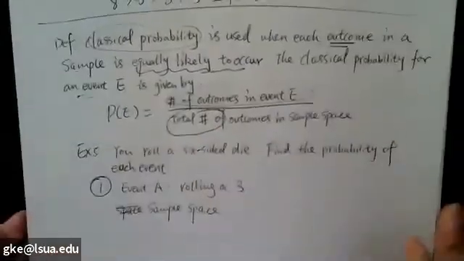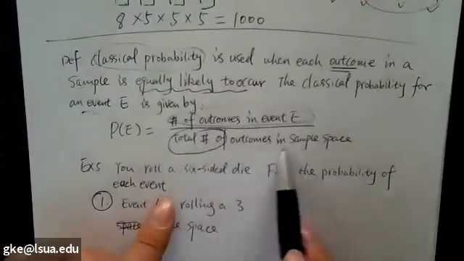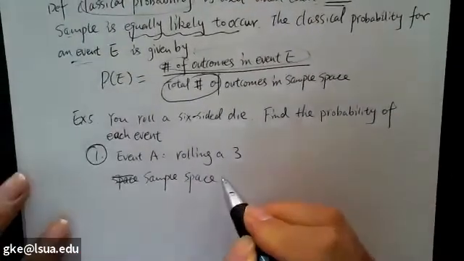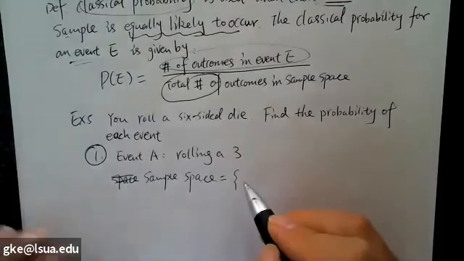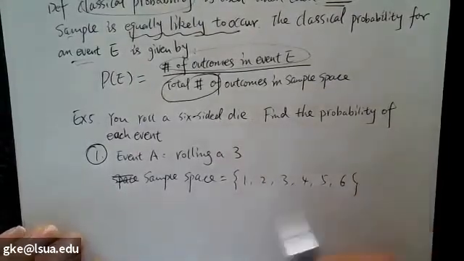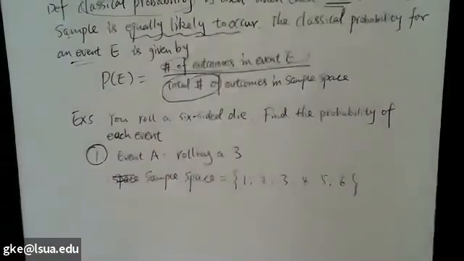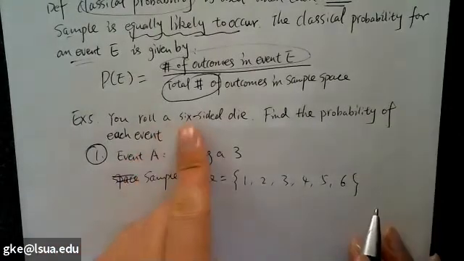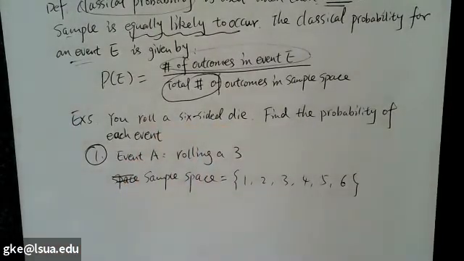We want to know the total number of outcomes in the sample space, so you need to list all the outcomes. For the sample space, you can have 1, 2, 3, 4, 5, 6. There are 6 possible ways, because there is a 6-sided die. Okay.